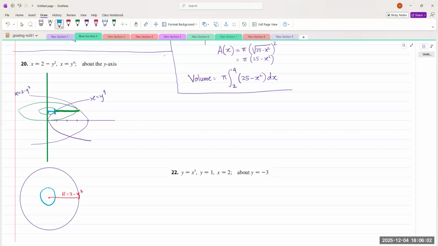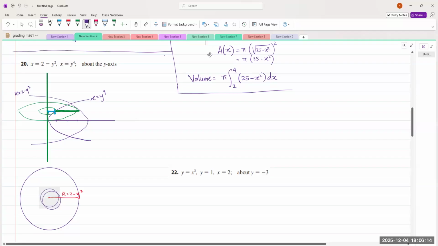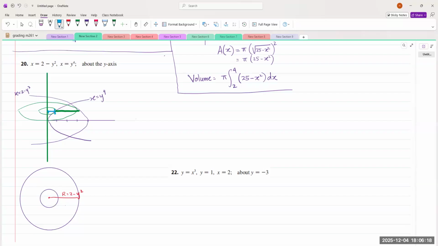So the small radius, let me keep it the same color, the small radius is r equals to y to the fourth.